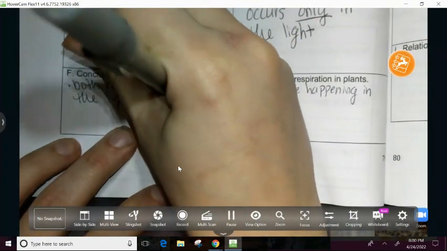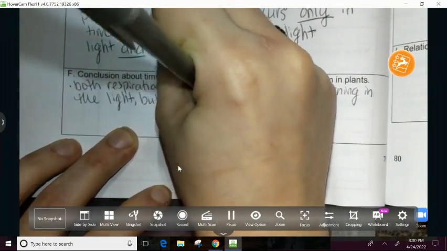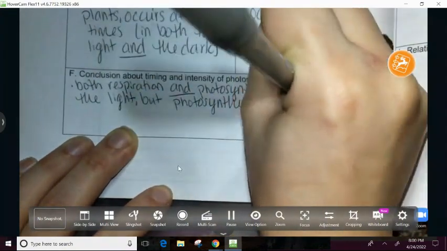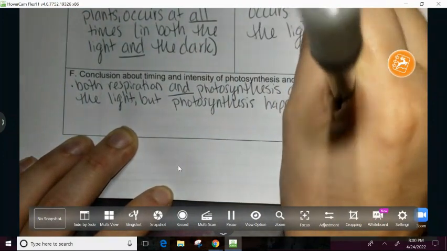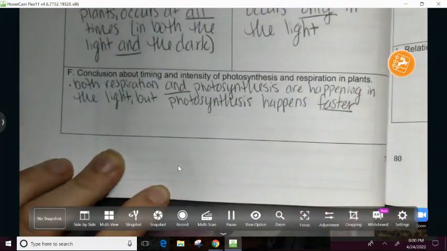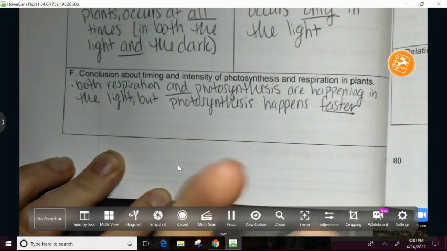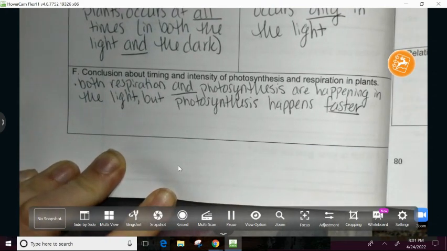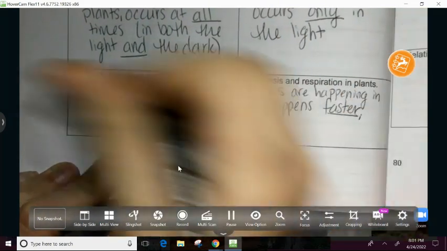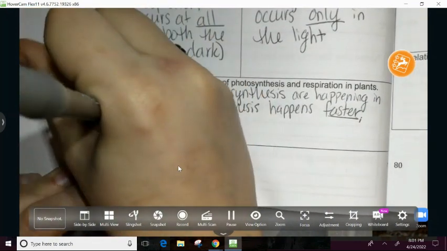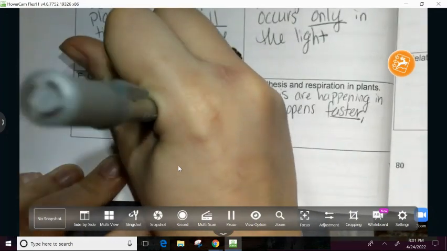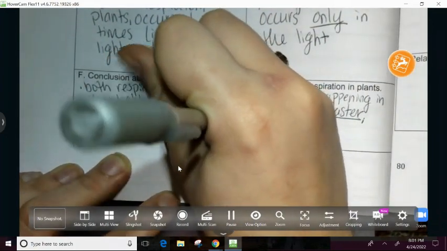But photosynthesis happens faster, or it occurs at a faster rate. Because remember, cellular respiration is broken up into those steps. Photosynthesis is a single step that happens faster in light. Therefore, that means carbon dioxide is being used faster than it's being produced.